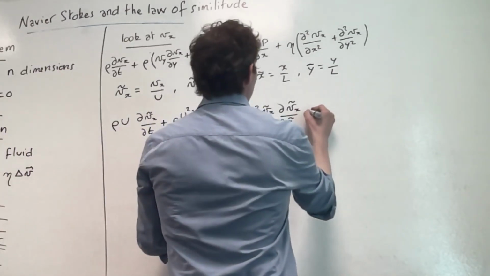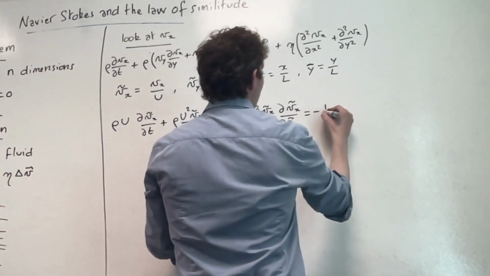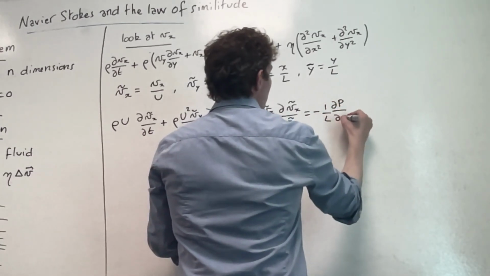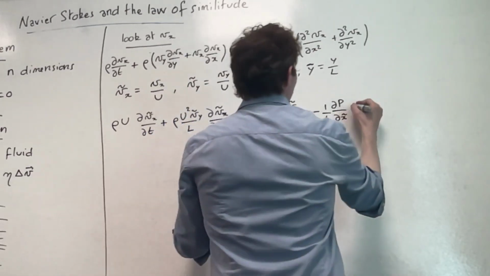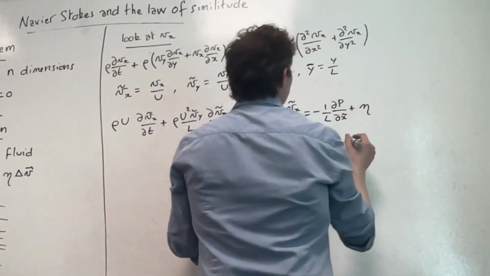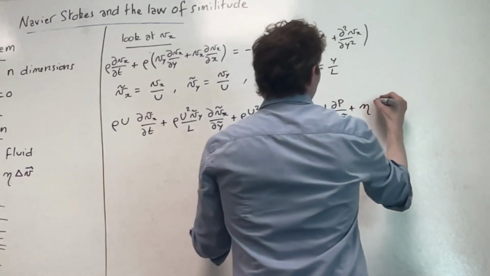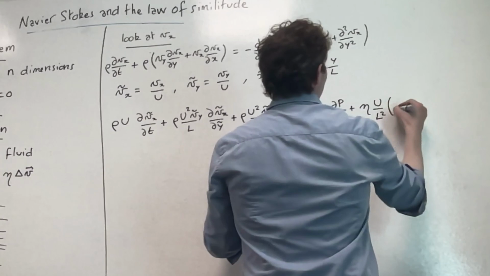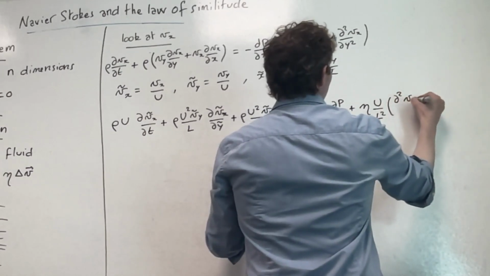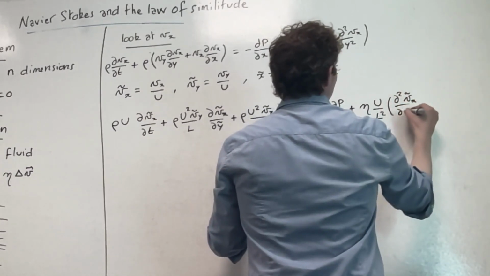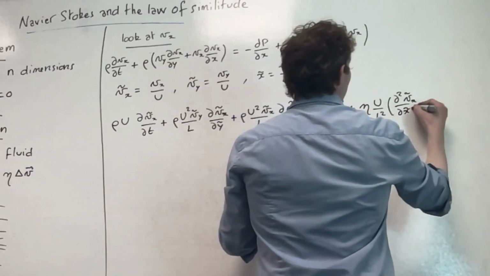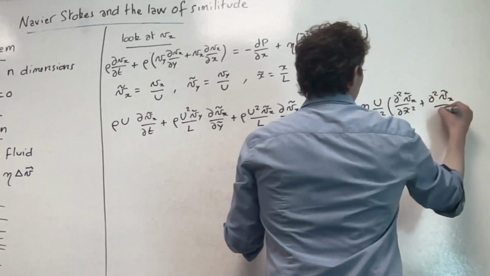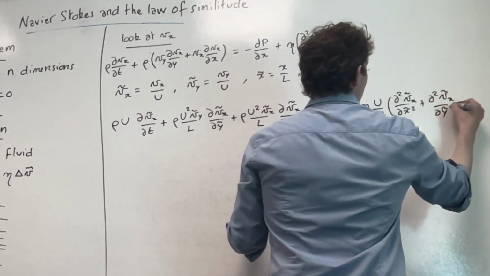Then we have so far minus 1 over L dp dx tilde plus eta. Now we've got eta u divided by L squared, and then here we've got d squared Vx tilde dx tilde squared plus d squared Vx tilde dy tilde squared.